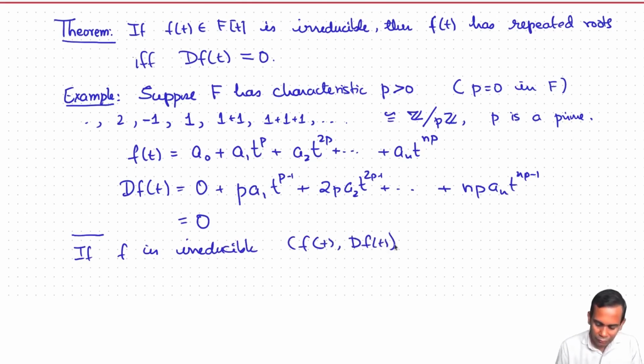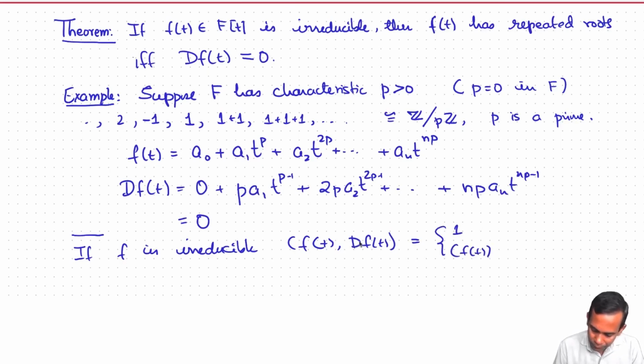So then the ideal generated by f(t) and df/dt has to be generated by a factor of f(t). So this has to be 1 or has to be f(t), the only two possibilities, because there are only two divisors of the polynomial f(t).